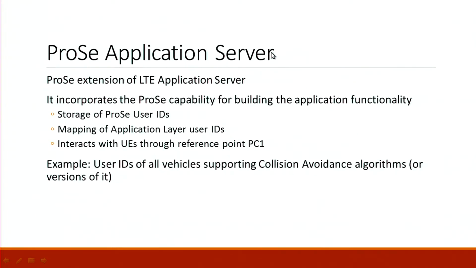The PROSE application server, as I said before, lives outside the operator. There are several examples of application servers already. This is not new. So the PROSE application server is an example of an application server that already exists in cellular networks. One example is SMS. We've all been using SMS, texting on our phones. Texting relies on application servers.